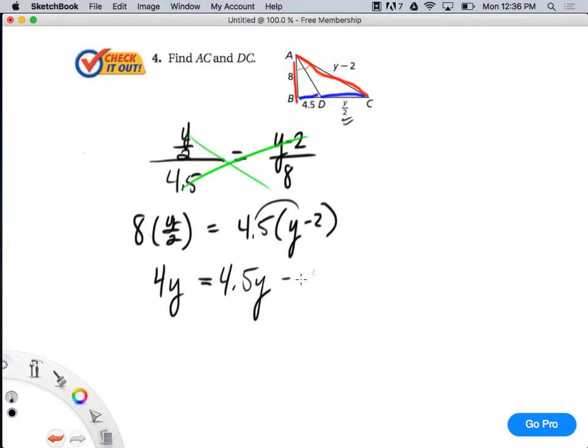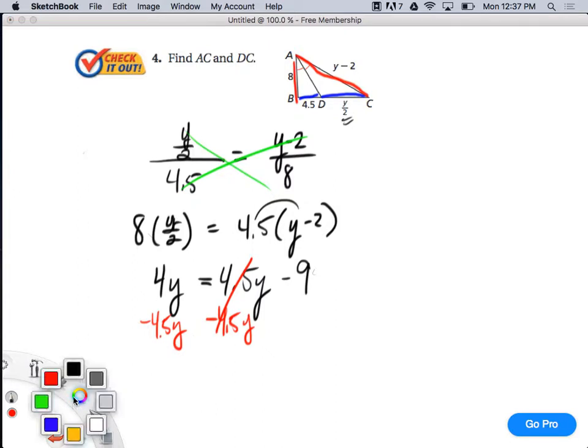Okay? 4.5 times y minus 2 times 4.5 is 9. Okay? What do I do now? I subtract 4.5y from both sides to get it over here with the other y. And I get negative 0.5y equals negative 9.